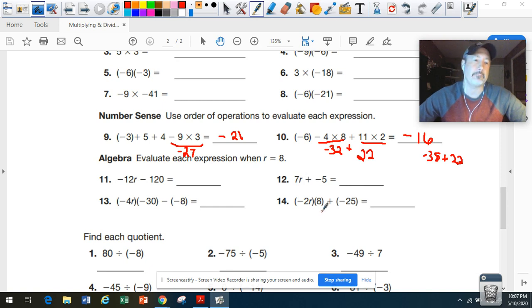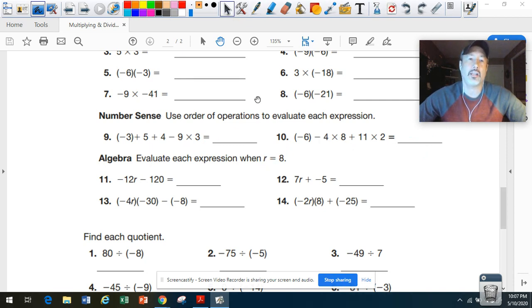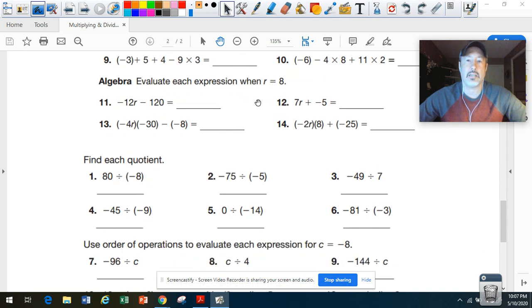Very good. Okay, now here they want us to evaluate the expression when R is 8. Okay, so wherever there's an R, we're going to put an 8. Okay, so let's take a look and see what we have here now. So if we do this here, we put a negative 12 times 8, okay, is negative 96.